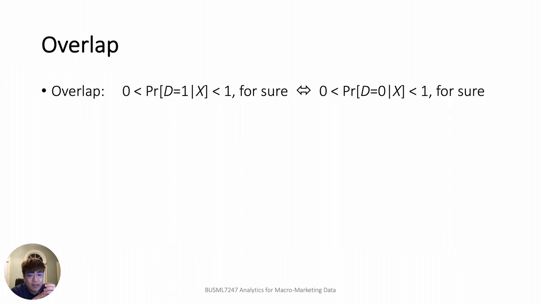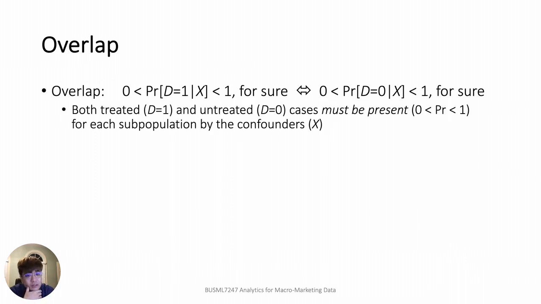But the CIA is not enough. We need one more condition, which is called overlap. This condition implies in each subgroup defined by the confounders, both treated and untreated cases must exist for sure.